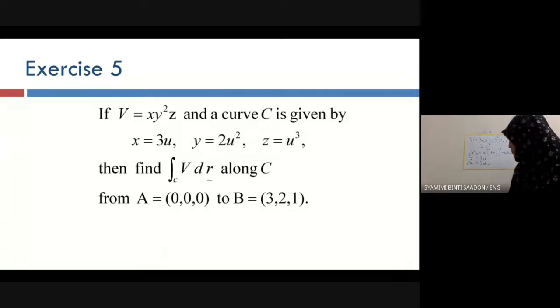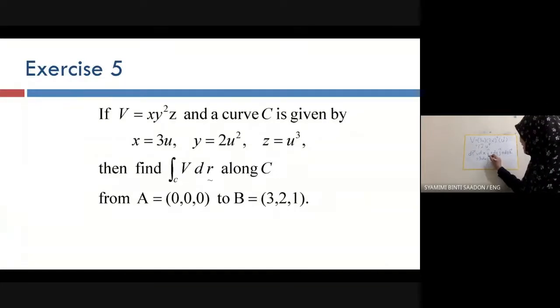So dr is 3 du i plus 4u du j plus 3u square du k, in direction k. So this is your V and this is your dr.